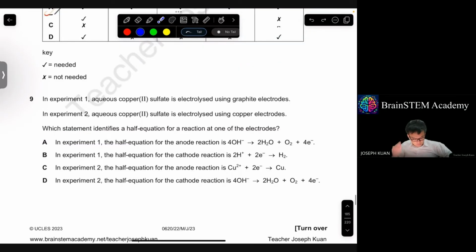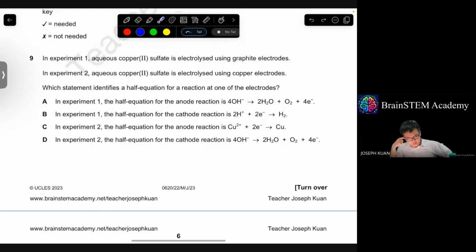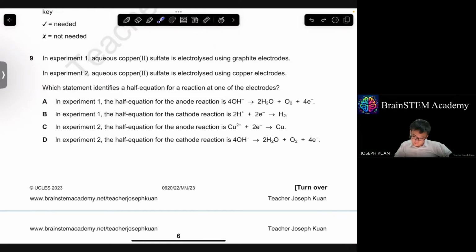All right, move on. In experiment 1, aqueous copper 2 sulfate is electrolyzed by using graphite electrodes. In experiment number 2, aqueous copper 2 sulfate is electrolyzed by using copper electrodes. Which statement identifies a half equation for a reaction at one of the electrodes?